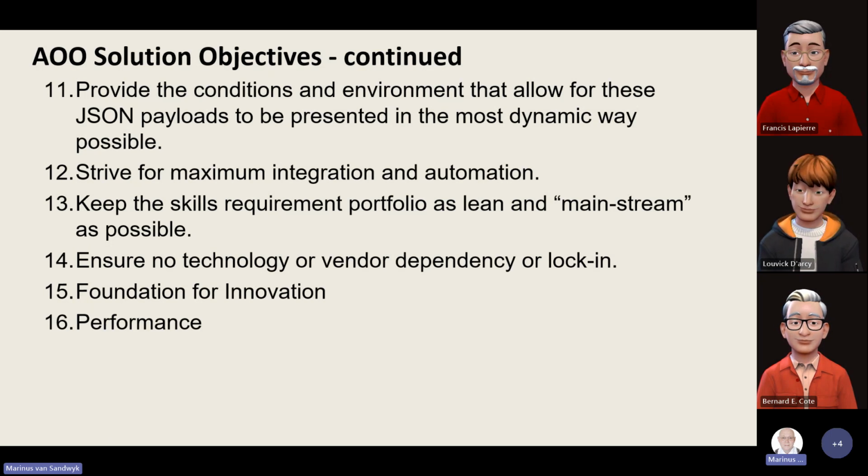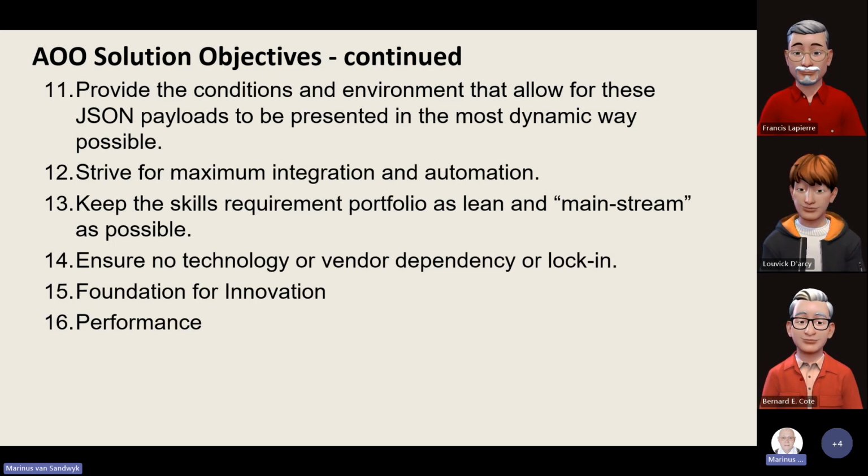Then, very important, AO Open must serve as a foundation for innovation. Then critical, and you will see this when we walk through the actual design, performance is absolutely paramount. It comes back to the size of the machines that Tommy, Bernard, and I worked on in the early days, when we had little memory and not very powerful processors; efficiency was absolutely key.